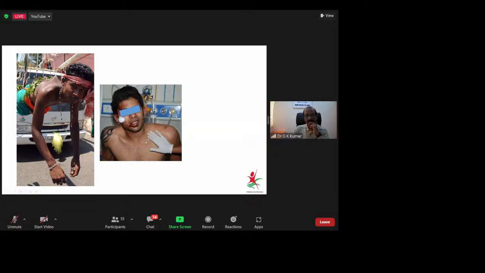The same nociception is here, the same injury is here, but this man is suffering with pain, while this boy is not suffering at all. He is nicely posing to the camera and enjoying it, of course. So the most important thing everybody should know is that pain and nociception are entirely different. For pain, there need not be nociception. For every nociception, there need not be pain perception.